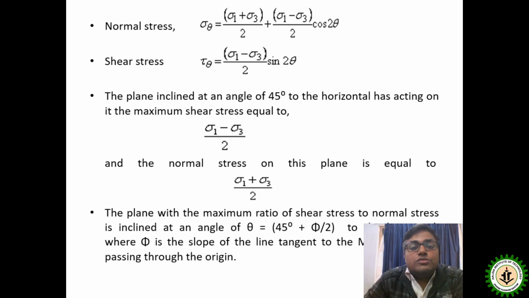So from this Mohr circle diagram, the normal stress sigma equals sigma 1 plus sigma 3 by 2 plus sigma 1 minus sigma 3 by 2 cos 2 theta. From graphical analysis we can find this, and the shear stress tau is given by sigma 1 minus sigma 3 by 2 sin 2 theta.